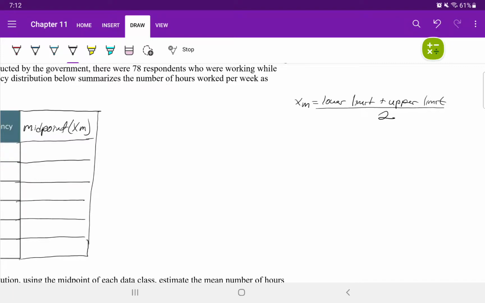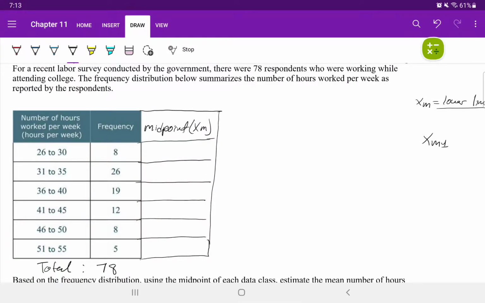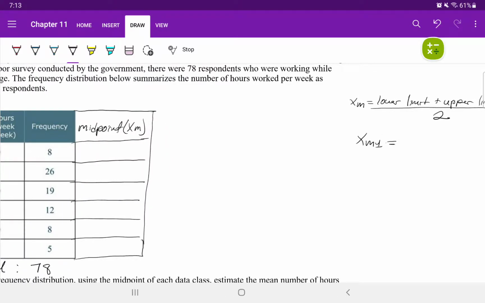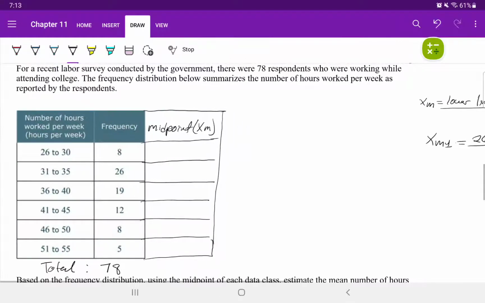Let's find the first midpoint. Now, the first class goes from 26 to 30. So we're going to add those limits, divide by 2. 26 plus 30, then divided by 2. 26 plus 30 is 56. 56 divided by 2 is 28. 28 is the exact middle between 26 and 30.